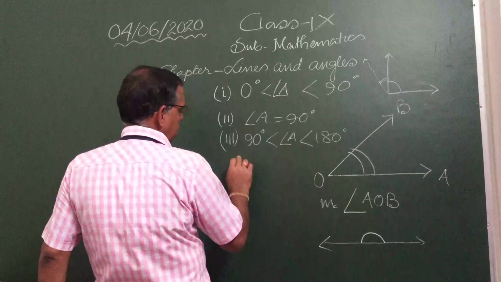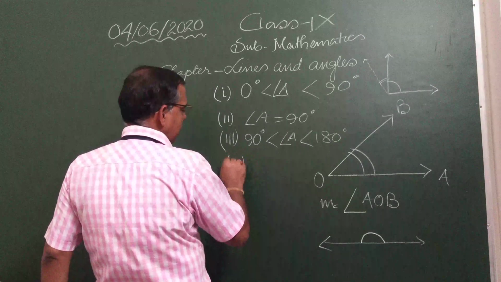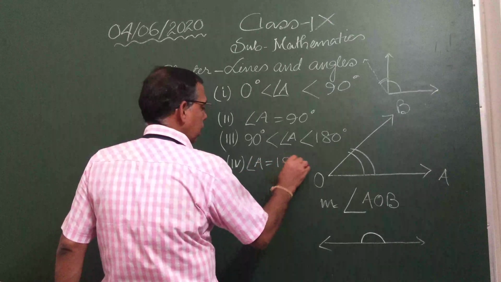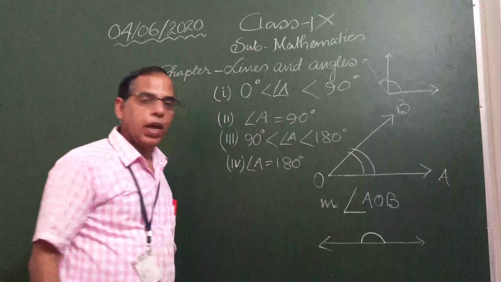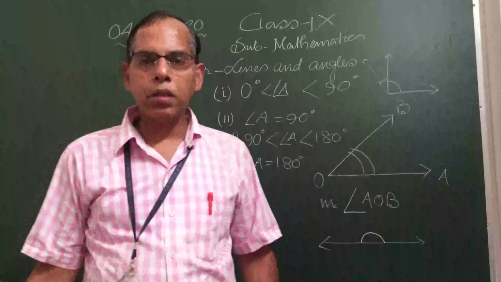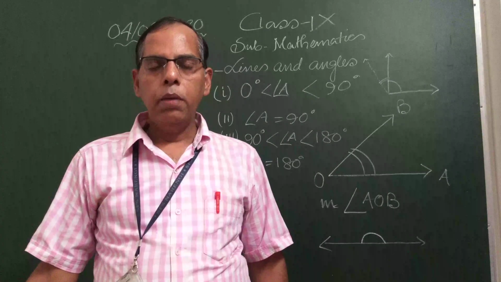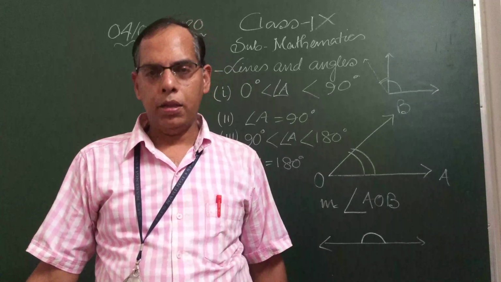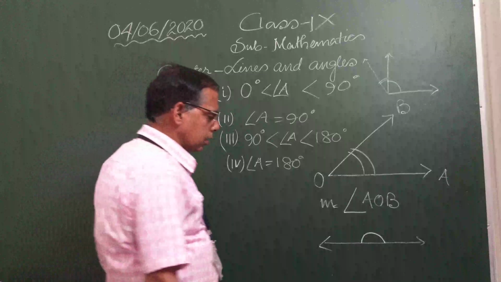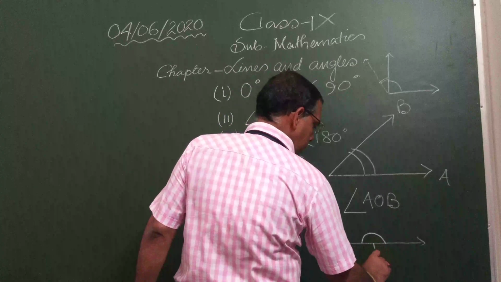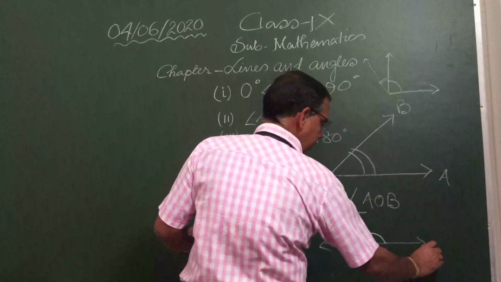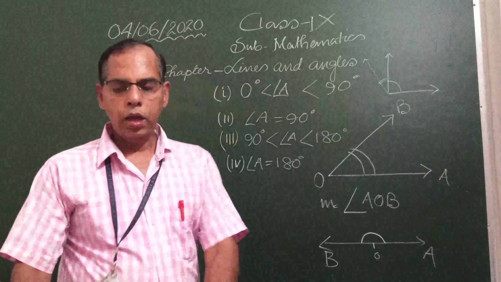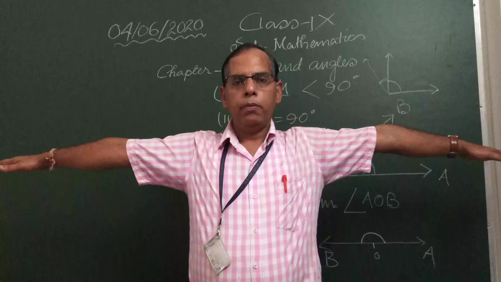Next, just like 90 degree, if angle A equals 180 degree, then what is the measurement of that? The measurement of that is a straight angle. Suppose this is O, this is A, this is B. See this one.